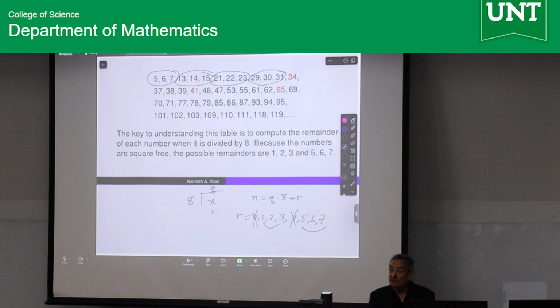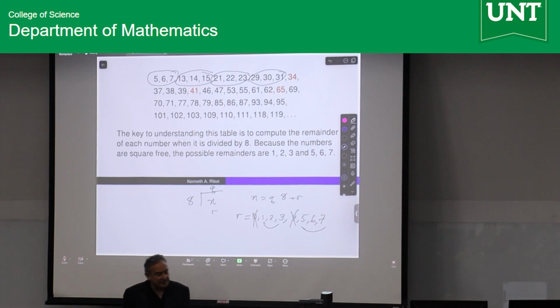But you could have 10, which is square free, that has remainder 2, and it doesn't appear on the table. And 11 doesn't appear on the table. You have to skip to 13 because if the number were 12, it would also not be square free. But then 13, 14, 15 appear on the table. They have remainders 5, 6, and 7. And this is pretty good, and it shows you what's going on. And if you were kind of satisfied with some small progress, you kind of walk away from the thing and say, okay, I've understood it. Remainders 5, 6, and 7 work, and remainders 1, 2, and 3 don't.